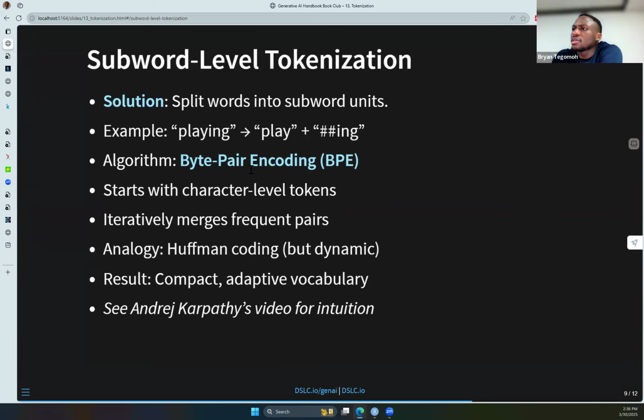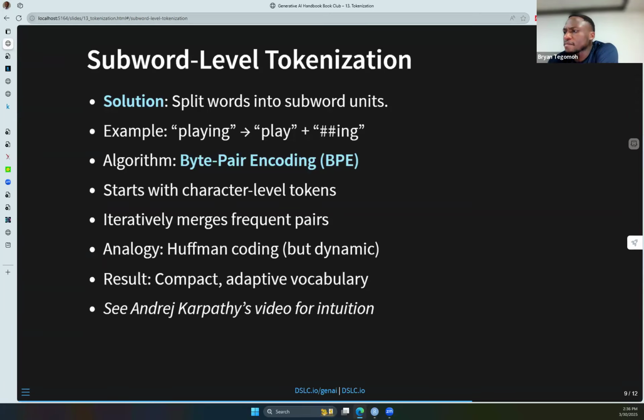It uses an algorithm called byte pair encoding, or BPE, that starts with character level tokens and iteratively merges frequent pairs. So you essentially start with a common word and then try to predict the next letter or the next word.